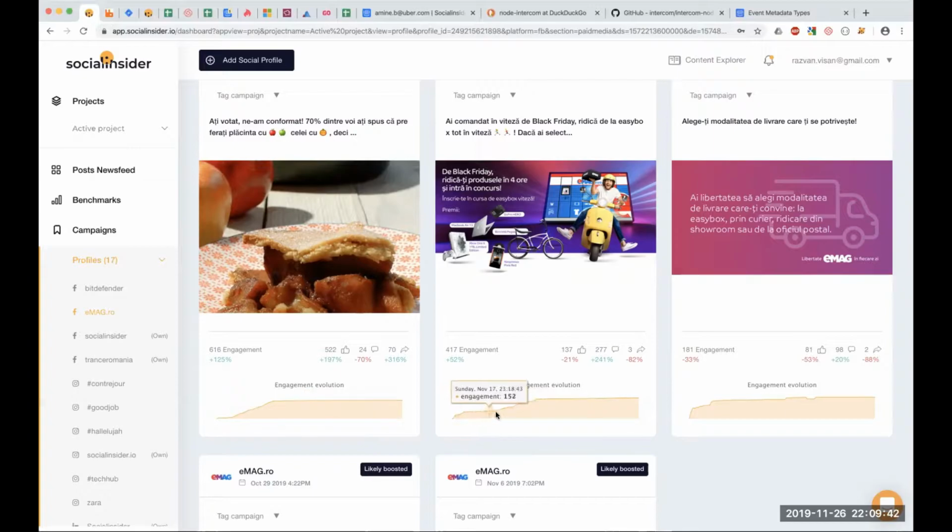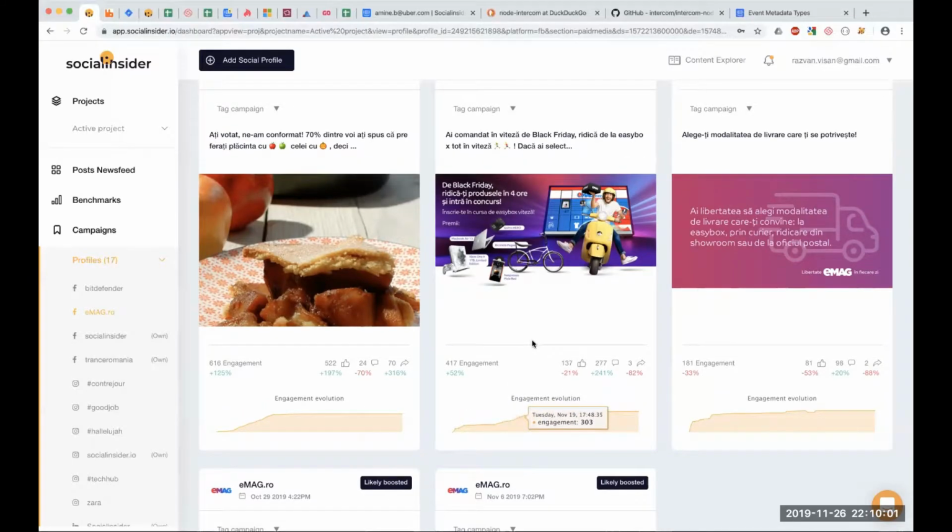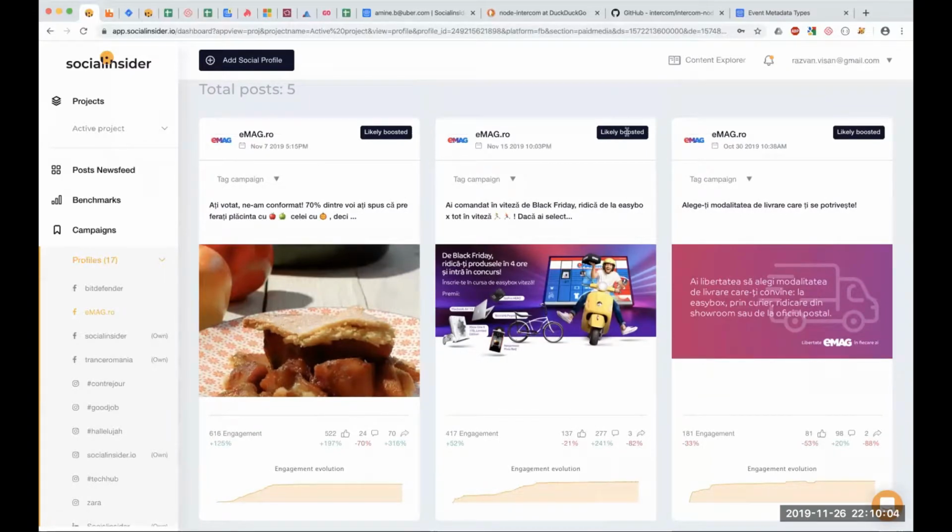But the way we determine if a post was boosted or not is by the way this particular series of engagement numbers looks like. So we analyze the engagement evolution, and in this way we determine if the post was boosted or not.